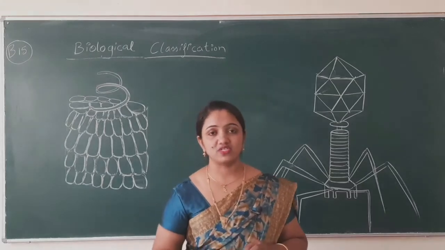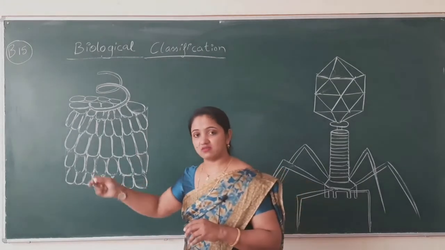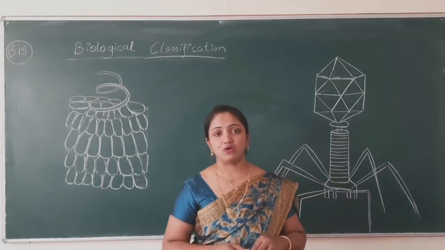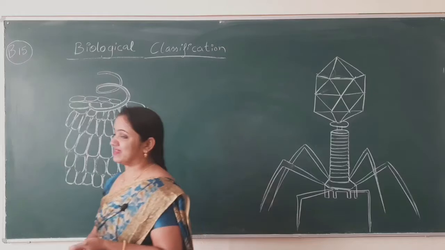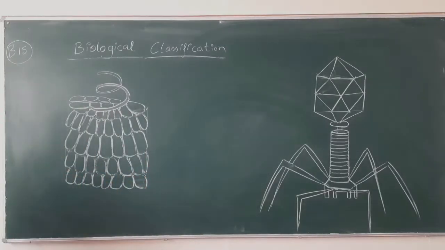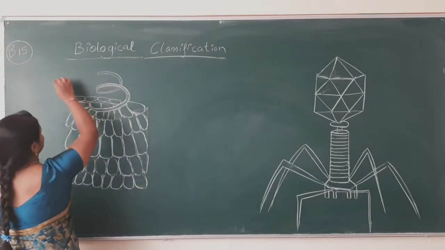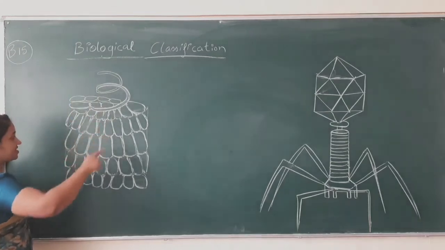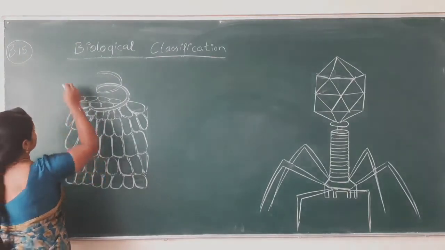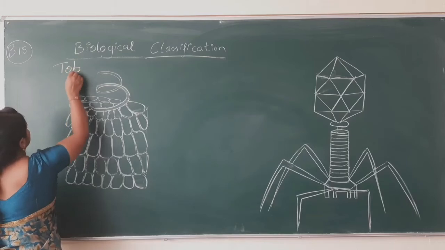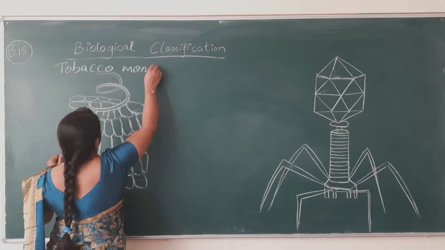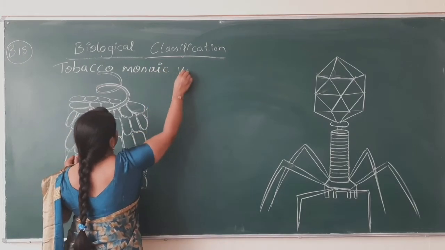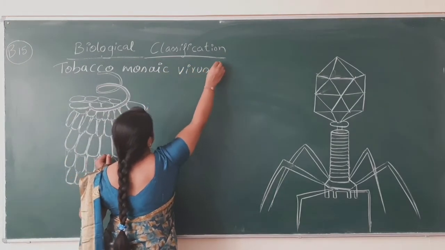So we'll move on to the next concept, that is the structure of TMV, tobacco mosaic virus. Let me write the label headline first, later I'll complete the diagram and then label it.